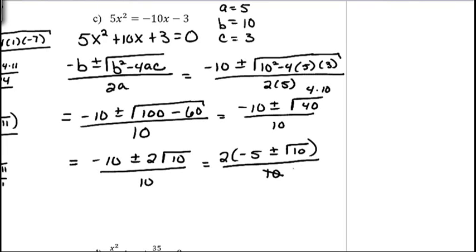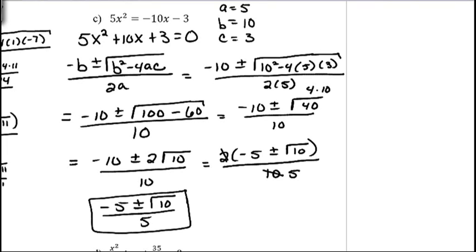And now we can simplify the 2 and the 10. That'll leave me with a 5 in the denominator. So we have negative 5 plus or minus the square root of 10 all over 5. And you can't simplify this any further. Because of this addition, you can't simplify these 5s. And you can't do anything with this 10 because it's underneath a square root.